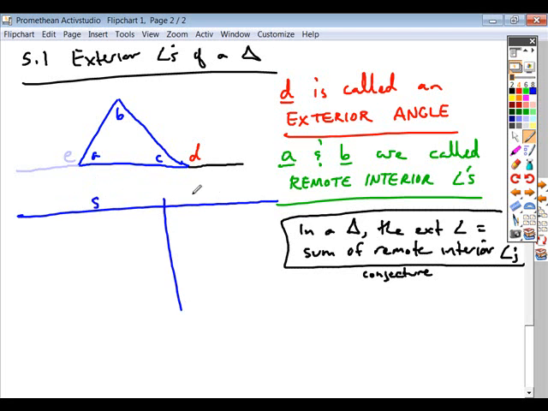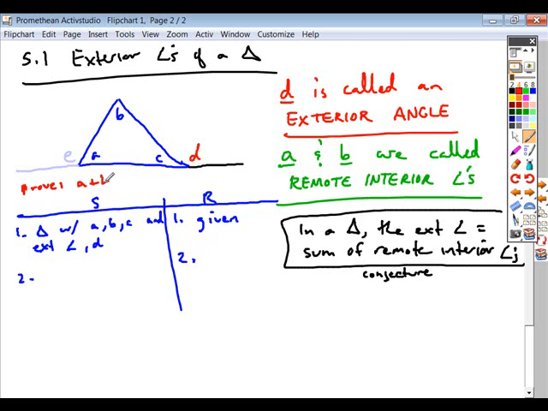So if we take our statement and reasons, all we're going to do is take a triangle with A, B, and C, and exterior angle D. Based solely on that, can we prove that angle D is equal to the sum of A and B?